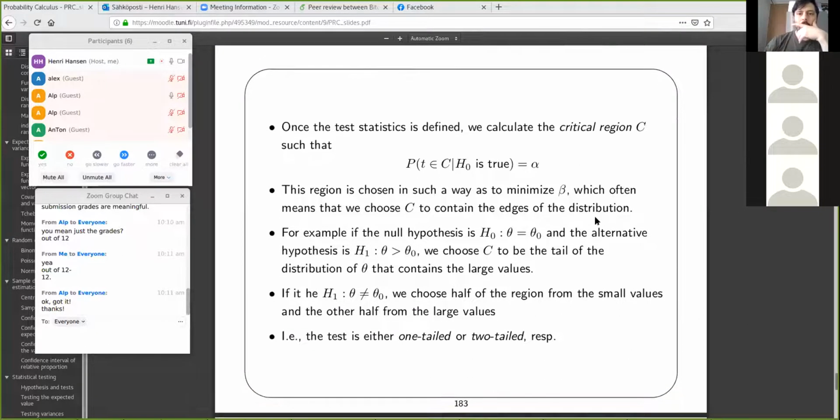So what we really do is calculate the critical region. And the critical region depends on what our alternative hypothesis is. Technically, we could pick any critical region, but here comes the philosophical part. Deciding on the critical region is part of the operationalization of this model.